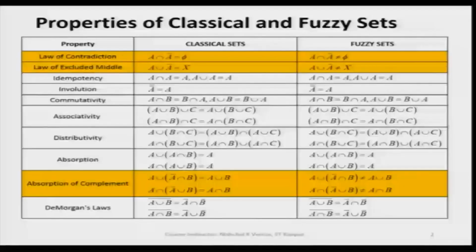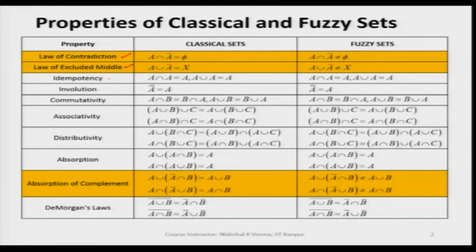So, we have already discussed some of the properties of classical and fuzzy sets in the previous lectures, and these are the properties that are covered. I will just mention here: the law of contradiction for fuzzy sets is discussed, and the law of excluded middle is also discussed.